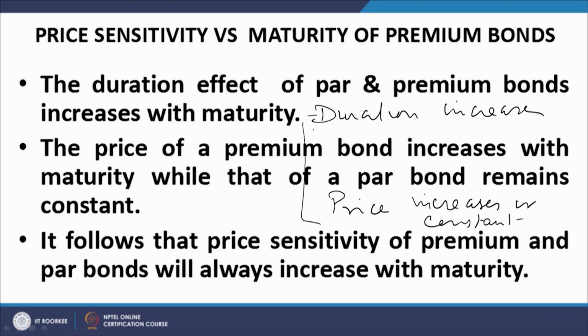In other words, what do we arrive at? We arrive at the conclusion that the price sensitivity of premium and par bonds will always increase with maturity. Why? Because both these effects are either increasing or remaining constant. For premium bonds, both the effects are increasing: the duration increases with maturity, and the price increases with maturity.